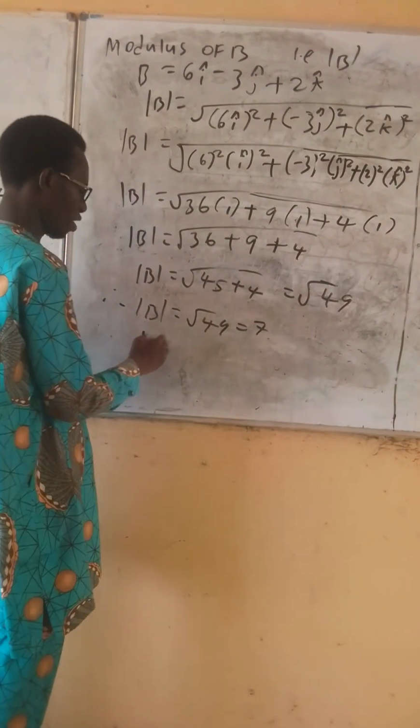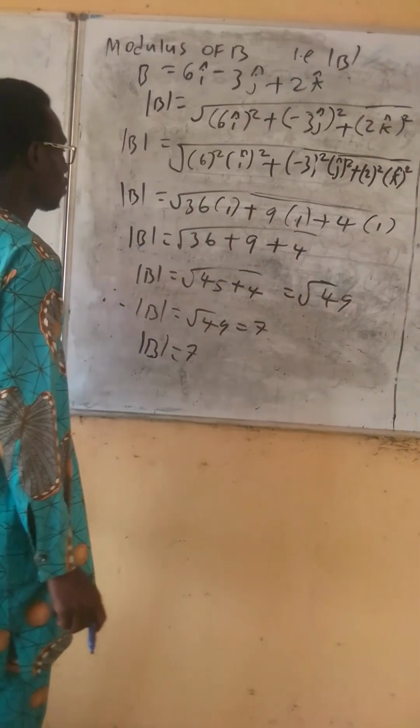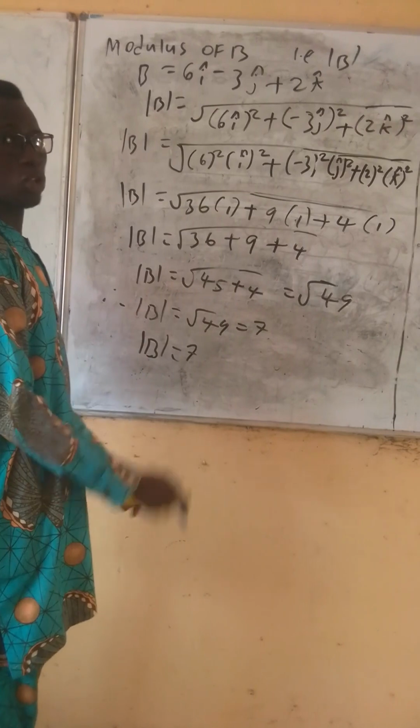So the modulus of b equals the square root of 49, which is 7.